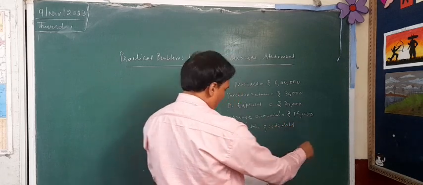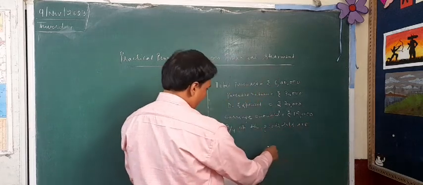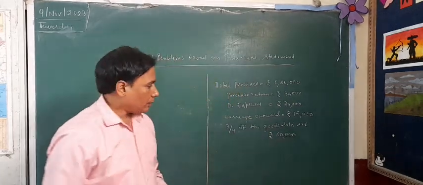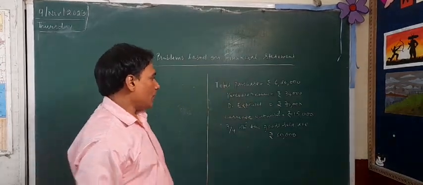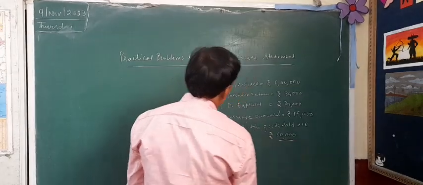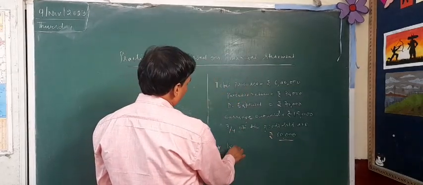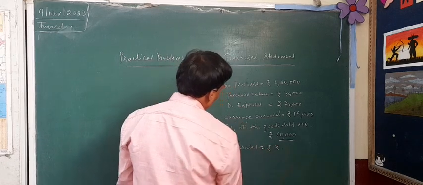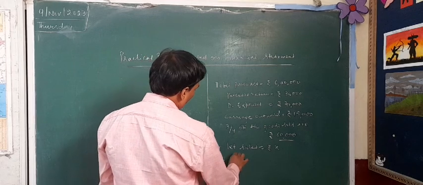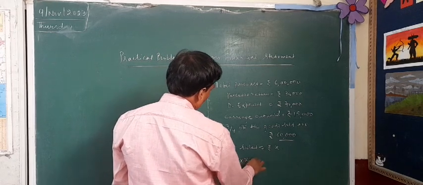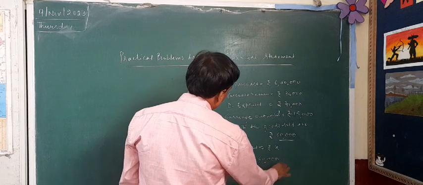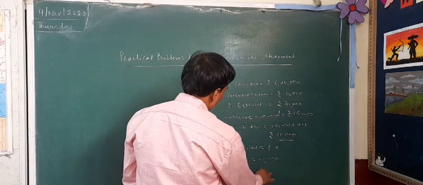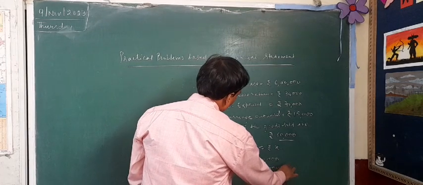3/4 of the goods sold are rupees 60,000. This says that 3/4 of the goods sold is 60,000. It means the goods sold, that you sold, means we don't have the sales amount. So we can consider sales rupees X, and as per the given information, 3/4 of the goods sold is equal to 60,000, which is 60,000 multiplied by 4/3.